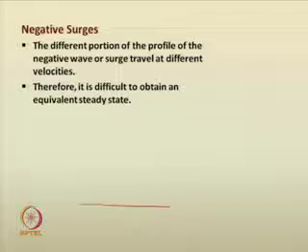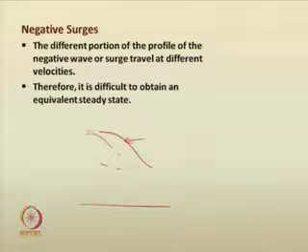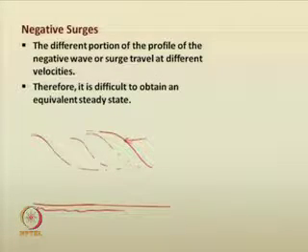For example, a negative surge may propagate in the upstream direction like this. So, you have the channel bed and the wave is propagating from downstream to upstream, although the flow direction is from left to right.